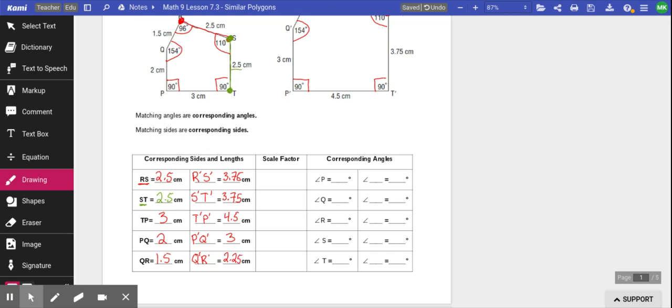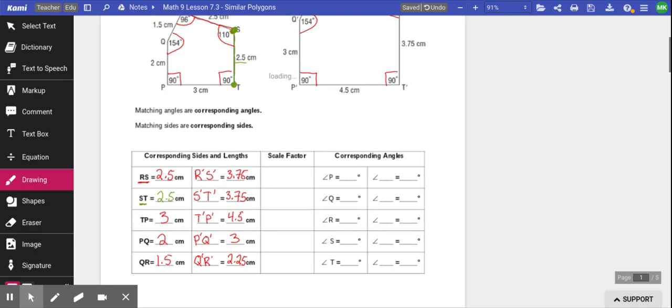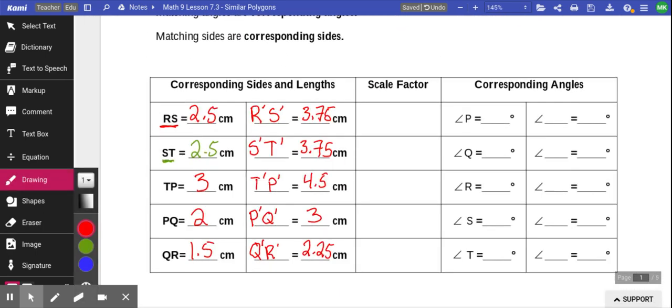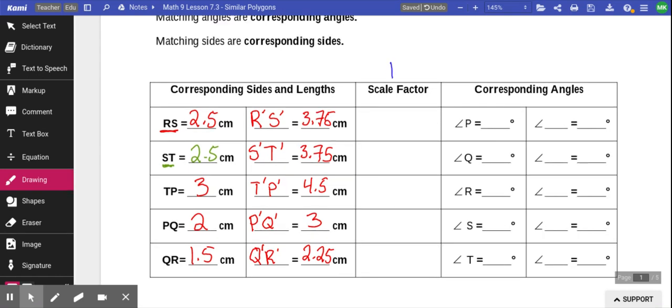Beautiful. Okay, the scale factors. To calculate the scale factor that something has grown or shrunk, what you want to do is the new length divided by the old length.